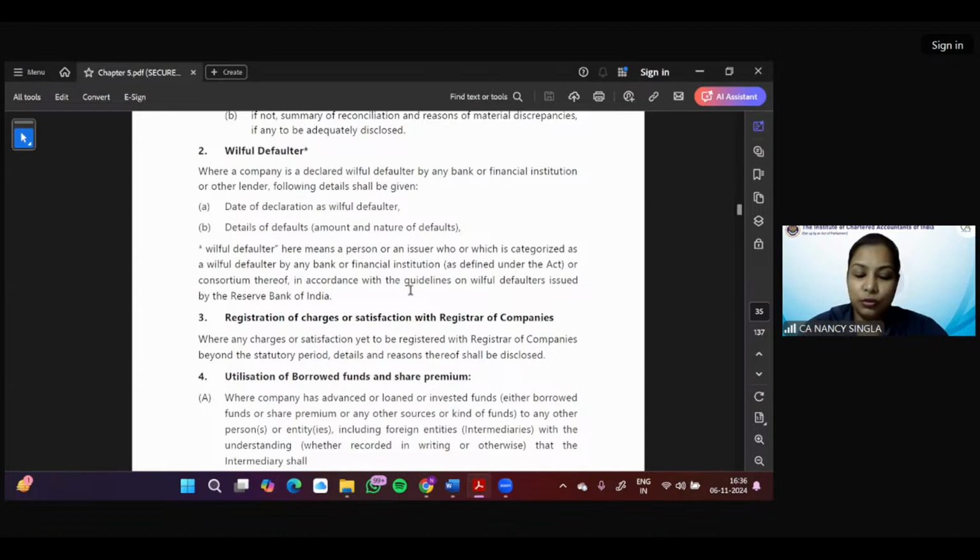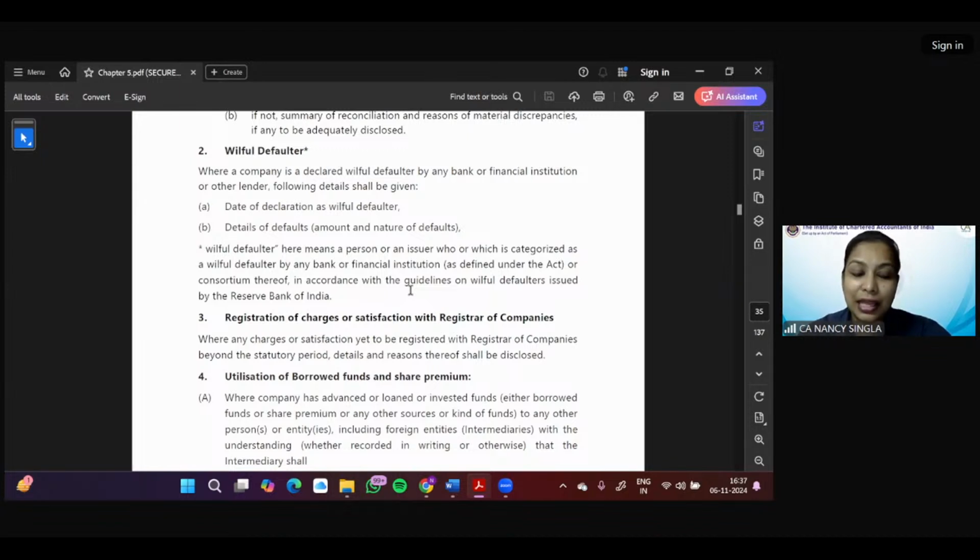Okay. So, see, Vijay Mallya was declared as a willful defaulter by IDBI, right? So, if the client has been declared as a willful defaulter, there is a reporting responsibility or disclosure requirement on the company itself. The company will have to tell the users of the financial statements that we are the willful defaulters.